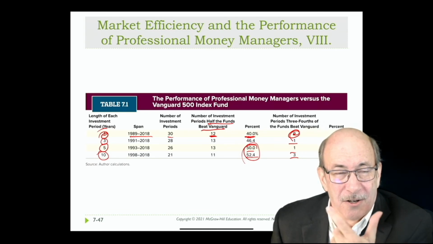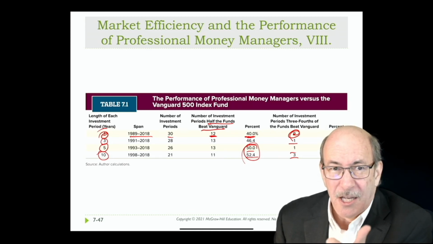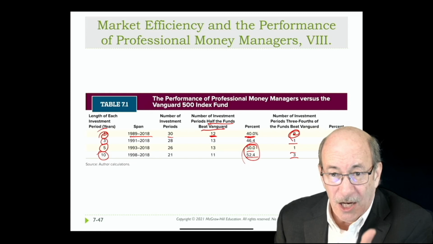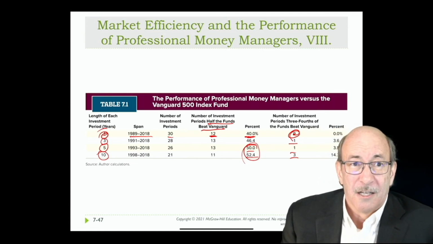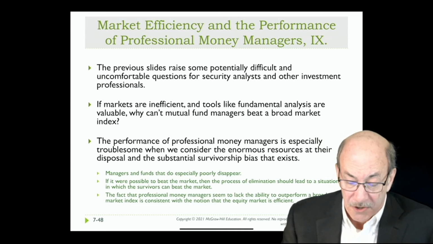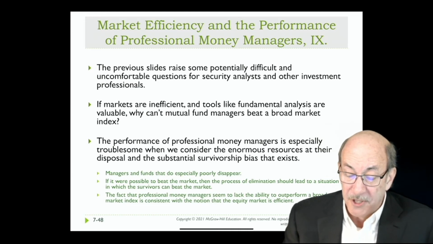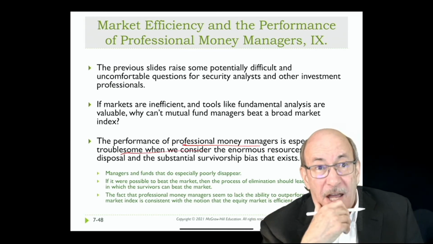And like I said earlier, if I'm not backing out management fees, I'm not capturing the full picture of this, and those numbers will get worse. So I'm biasing against this if they don't factor out the management fees. I'm biasing against finding more firms. So it raises some real serious questions here. Performance of professional money managers is especially troublesome when we consider how many resources they have.